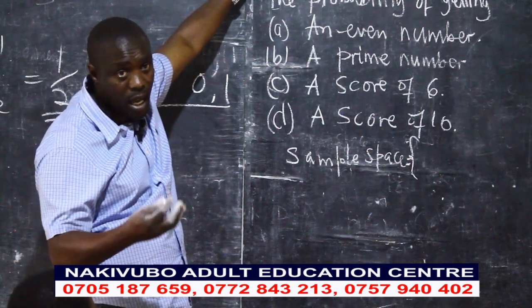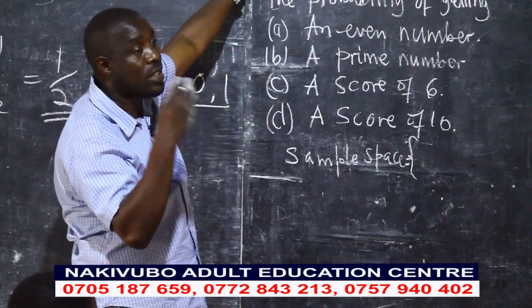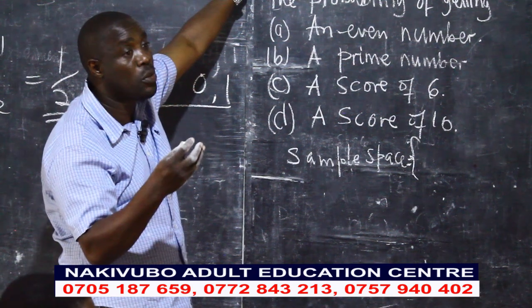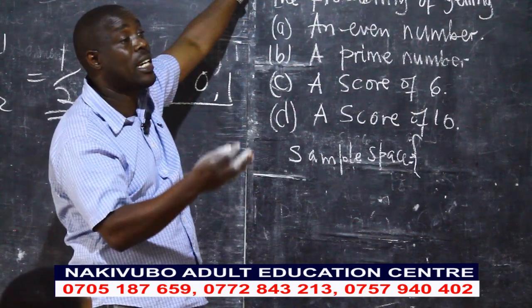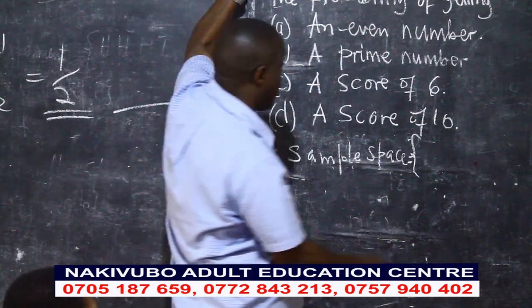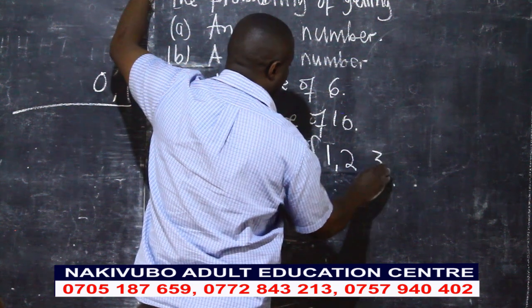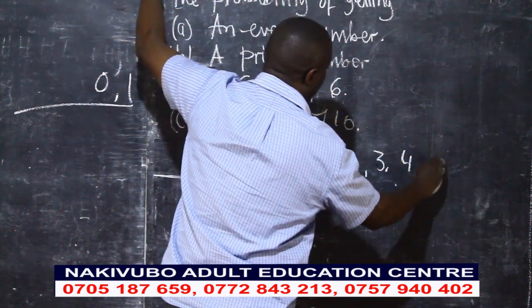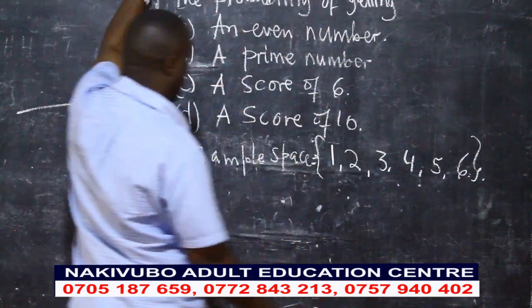There are 6, and each face has a value on it. So those faces contribute to the sample space, because they all have the same outcome. So we have face 1, 2, 3, 4, 5, and 6. That is the sample space.